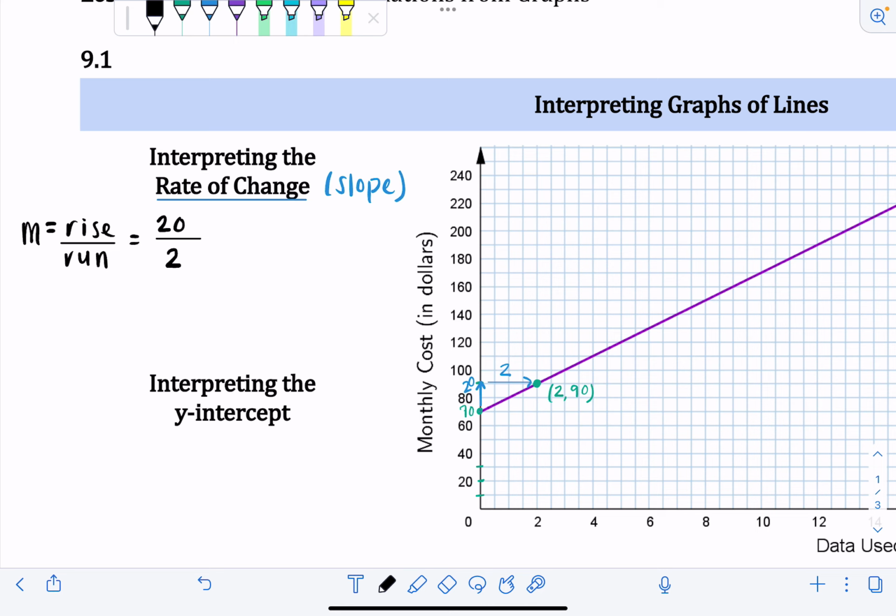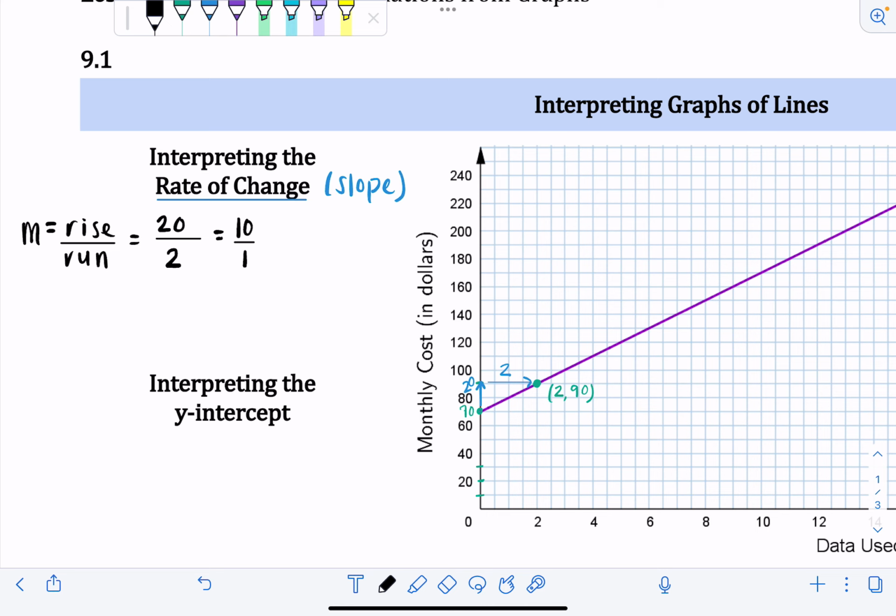And then if we can reduce it, we want to. So 20 over 2, that's 20 divided by 2, so that's 10. For now, when we're interpreting it, I'm going to leave it as a fraction, so I'm going to think of it as 10 over 1 because that'll help us in a little bit.